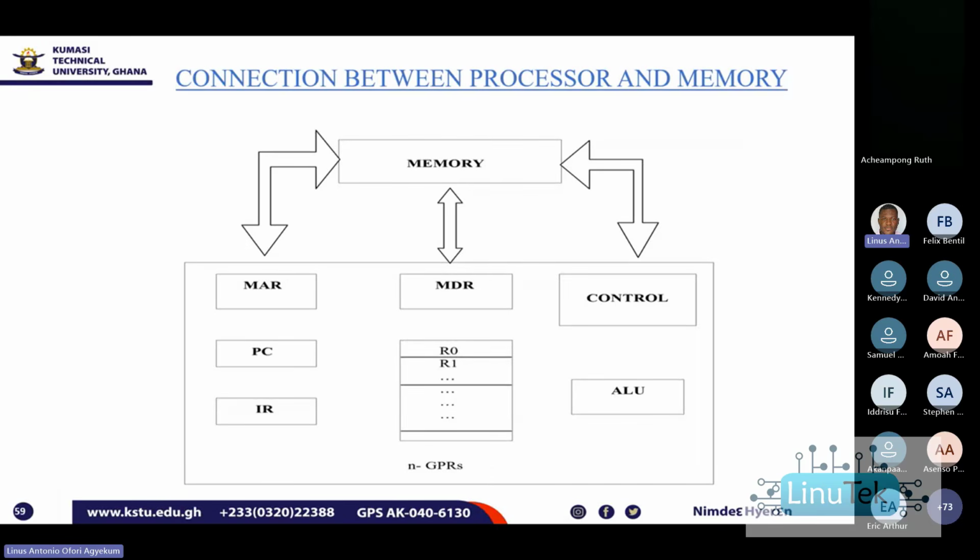Now, the function of the memory address register is that it keeps the address location within the memory of the instruction that is to be executed. And then the memory data register keeps the address of the data. Then, of course, the control unit controls all the activities within this system.